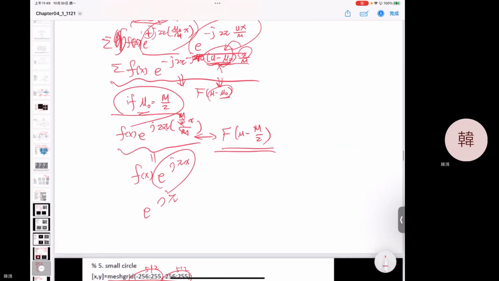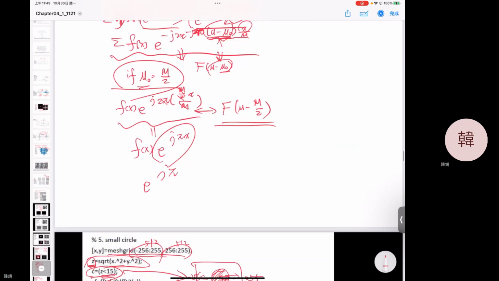What's the result of j pi? It's a 180 degree rotation, right?